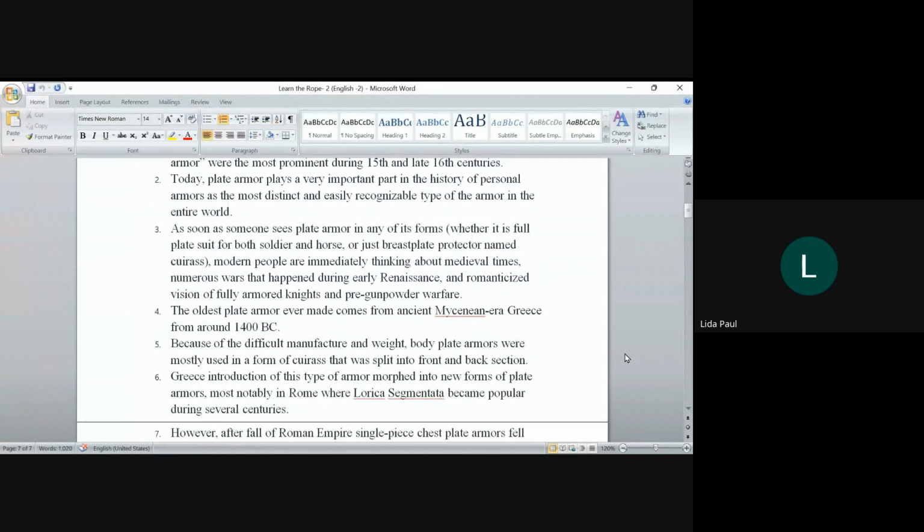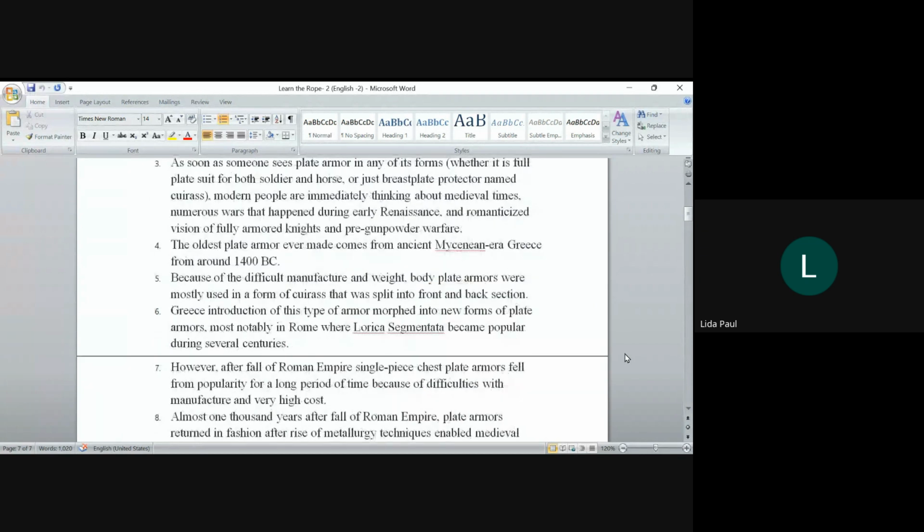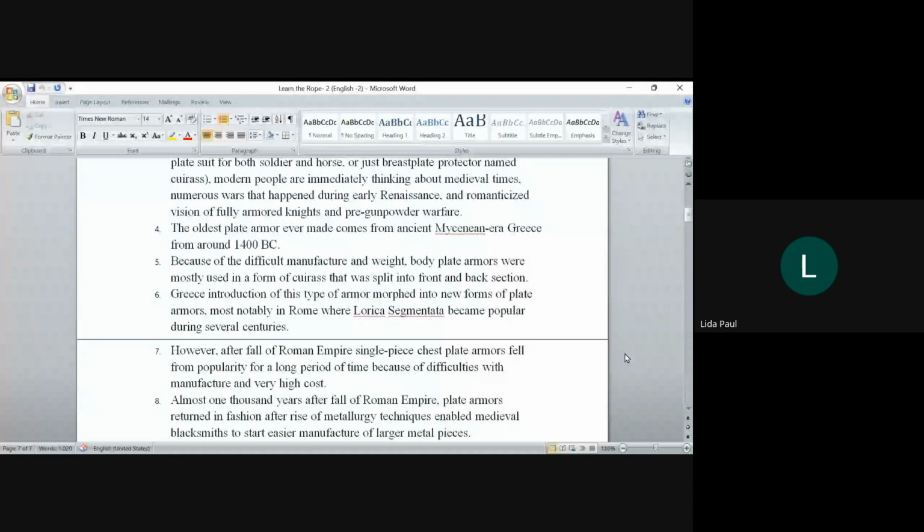Okay, the fourth sentence: the oldest plate armor ever made comes from ancient Mycenaean era Greece from around 1400 BC. Oldest. What is it? It's an adjective. Old, older, the oldest, right?